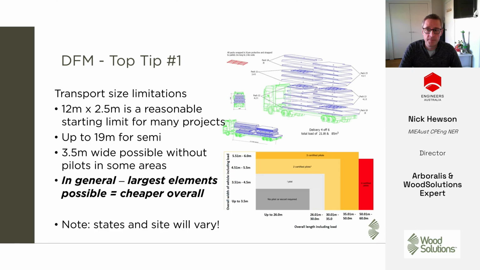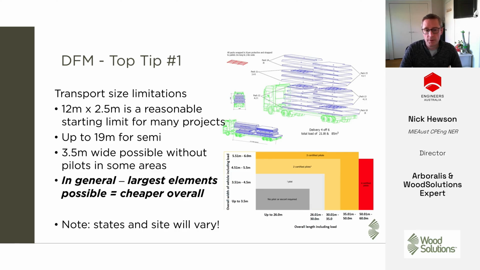Transport's obviously a big challenge. You can make a big beam or a big CLT slab, but you need to be sure that you can get it to site. So in general, I'm trying to rely on, for floors, potentially a kind of 12 by 2.5 meter size as a largest panel. But in general, it's not actually that difficult to get up to 3.5 meter wide loads to a lot of sites.